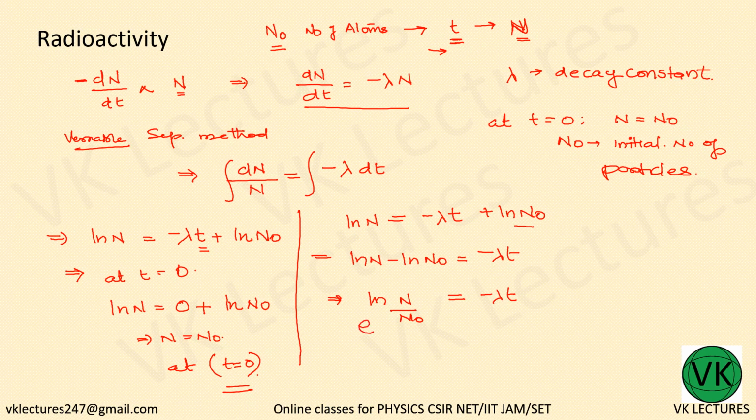Just put it in exponential form. E to the power log is nothing but 1. N divided by n naught equal to e to the power minus lambda t, and n equal to n naught e to the power minus lambda t.